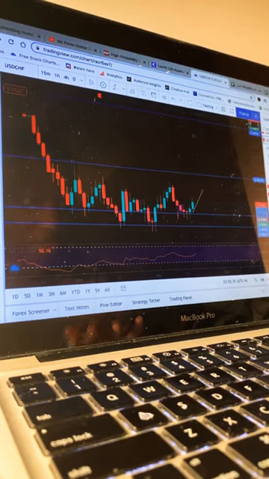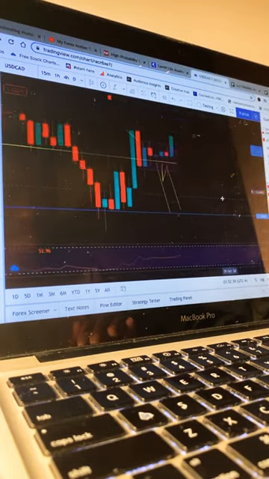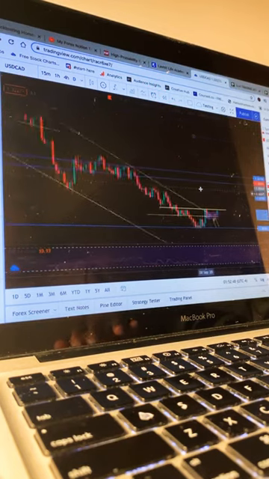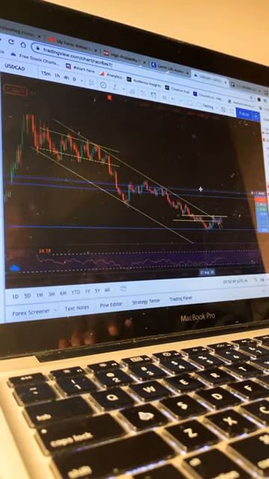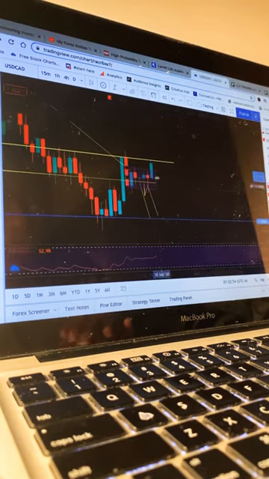All right, moving on to USDCAD. Now USDCAD is consolidating where it has consolidated before. I'm waiting to see, for USDCAD, it's in a downtrend, right? So what I'm waiting for is for it to break out of this consolidation area and push to the downside.